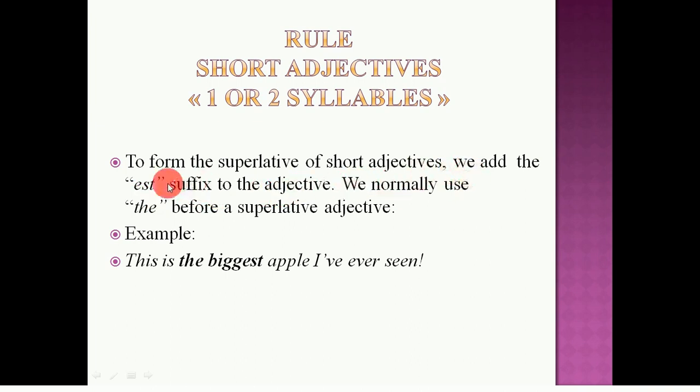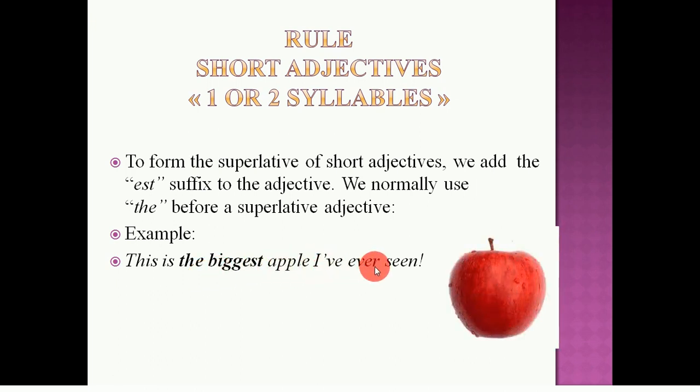And we normally use the ونزيدو the before the superlative adjective. كيما هنا: This is the biggest apple I have ever seen. وراه الادجكتيف هنا. It is big. وش زدنا له؟ Suffix est and the. This is for short adjectives.